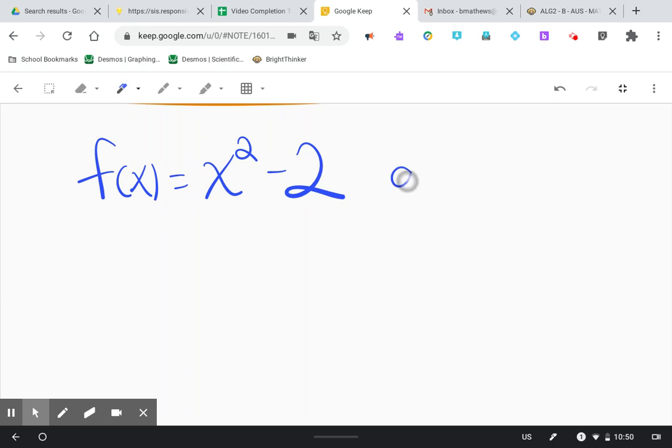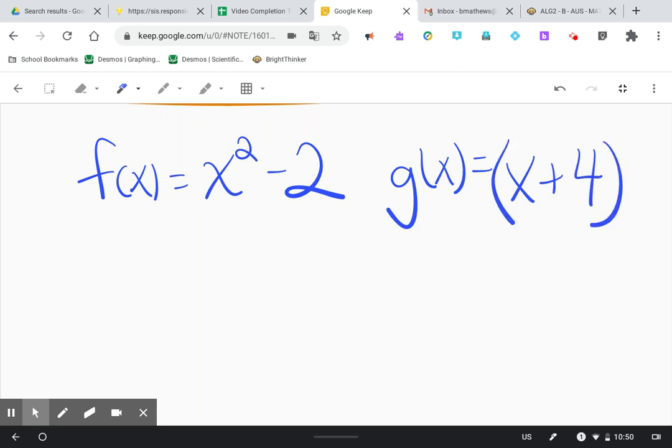Let's say I was given the following. f of x equals x squared minus 2, and g of x is equal to x plus 4. And then they want us to find, again, f of g of x.